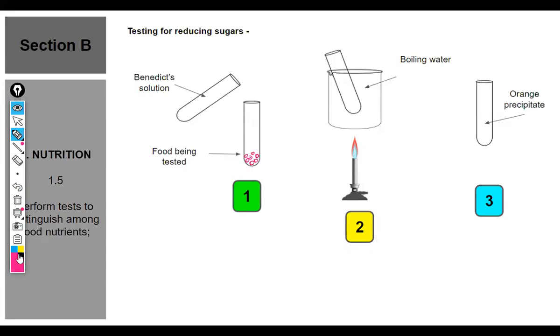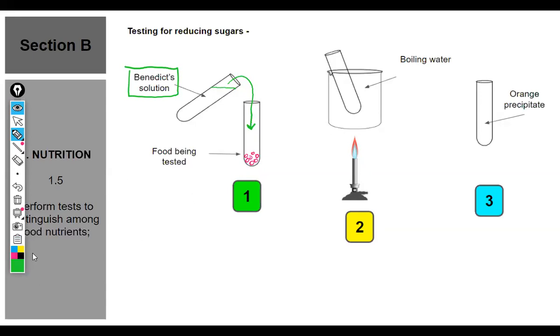Now there's a special solution called Benedict's solution, right? They sell this in chemical stores, that sell and specialize in chemicals and whatnot. It's a special solution. All you have to do is take this and throw it into the food being tested. But that's not all.